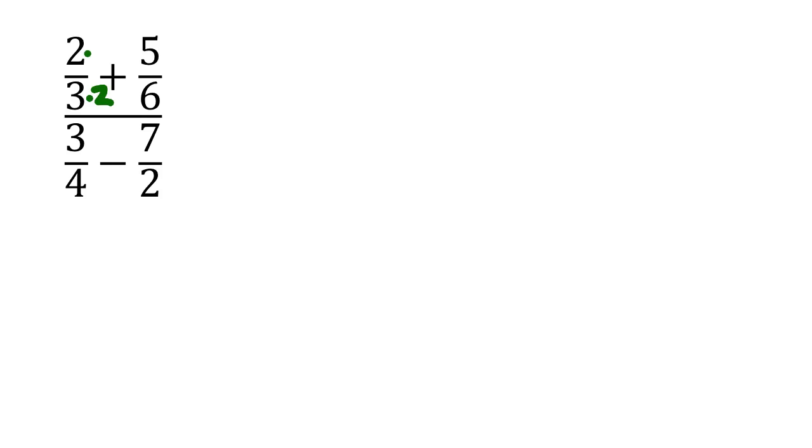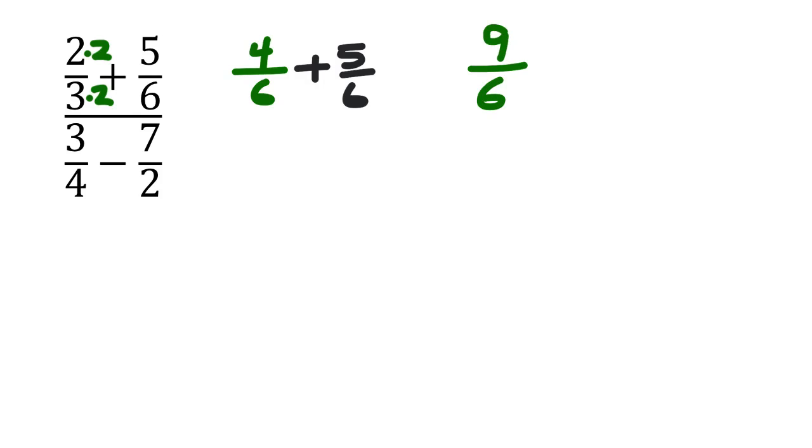So I'd have to take 3 and multiply it by 2, and 2 times 2 would be 4. So 4/6 now, plus the 5/6, and we have this all in sixths now. 4 plus 5 is 9. Now I see 9/6 can be simplified, so I will do it by dividing these both by 3. So now this is 3/2 as a fraction.